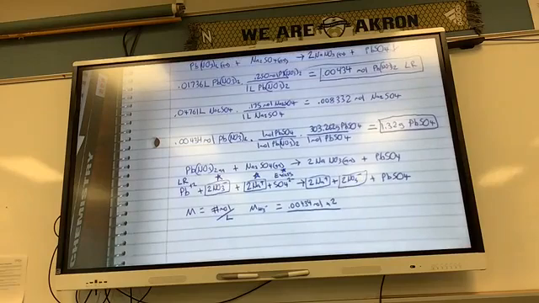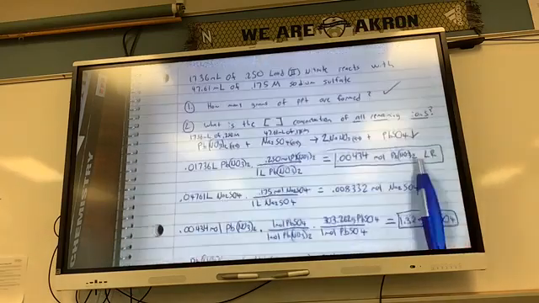Nope. Other guesses? Thoughts? 0.25. Why'd you say that? Because that's the molarity of the compound that it's in. Let's go back up to the top. Right. Yes?